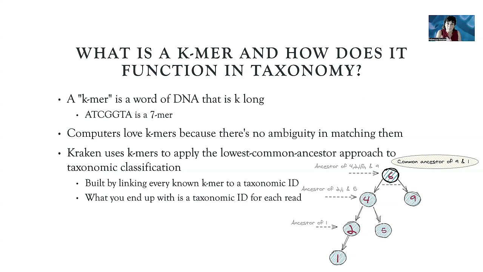So Kraken, what I'm going to show you today, actually, it's Kraken 2, uses k-mers, and they use the lowest common ancestor approach. So what does that mean? Let's go back and remember a little bit of biology. You have the kingdom, phylum, class, order, family, genus, species. And so when you get all the data for all the genomes or whatever it is that Kraken has in the database, and it divides all those up into k-mers of a certain length, and I think it's 13-mers, but I'm not sure.